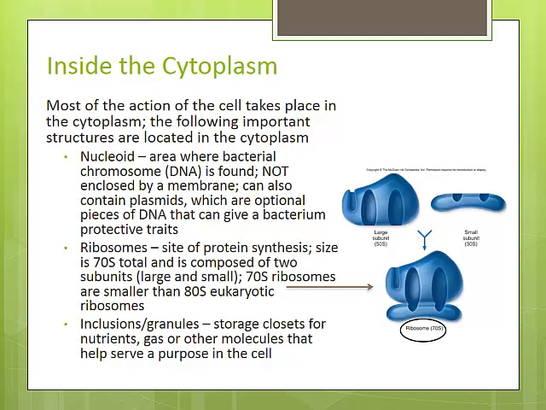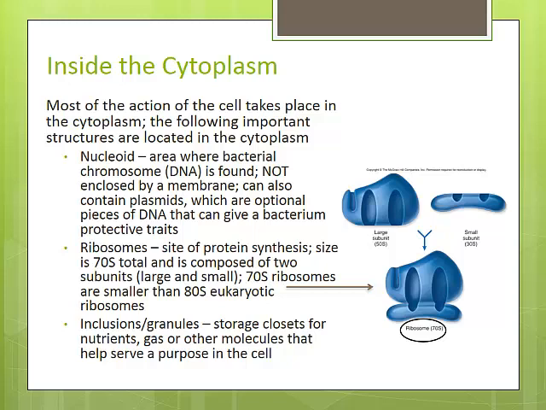So here are the pieces. I said there are little pieces of things in the cell and suspended in the cytoplasm, and these three are some examples of what can be found inside the cytoplasm. So we've got the nucleoid, we've got the ribosomes, and we've got inclusions and granules. So the nucleoid is the area where the bacterial chromosome is found. So it's going to be the genetic material that will tell the cell what to do.